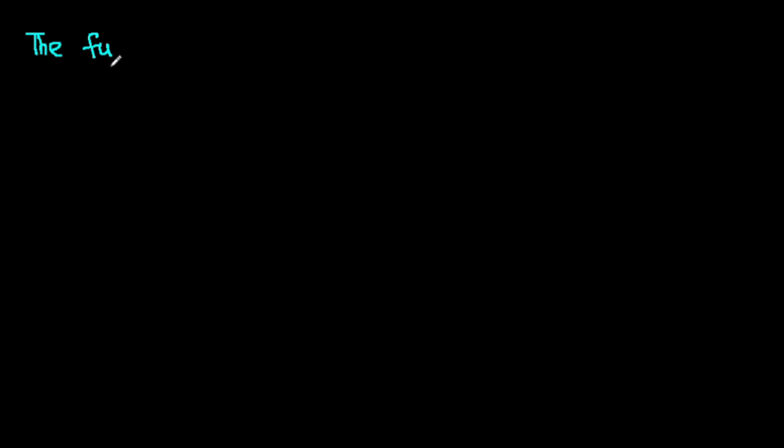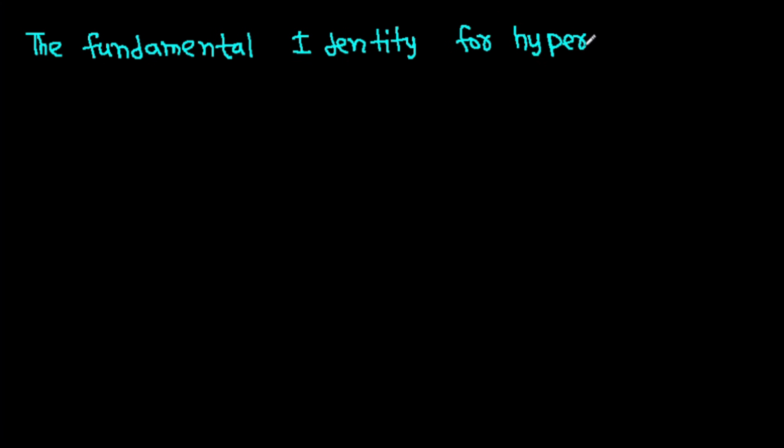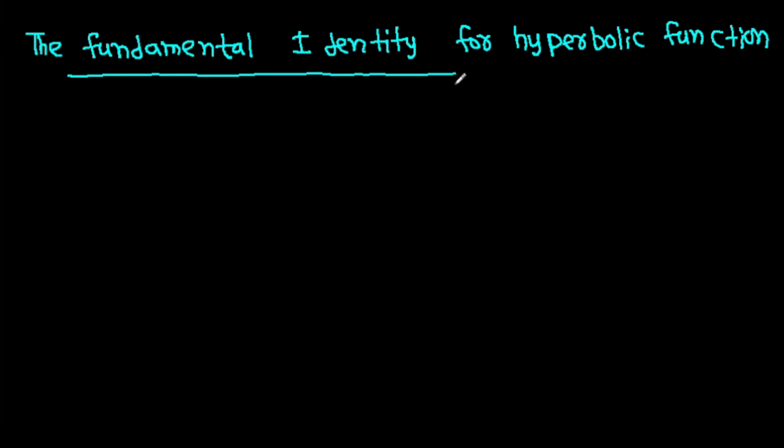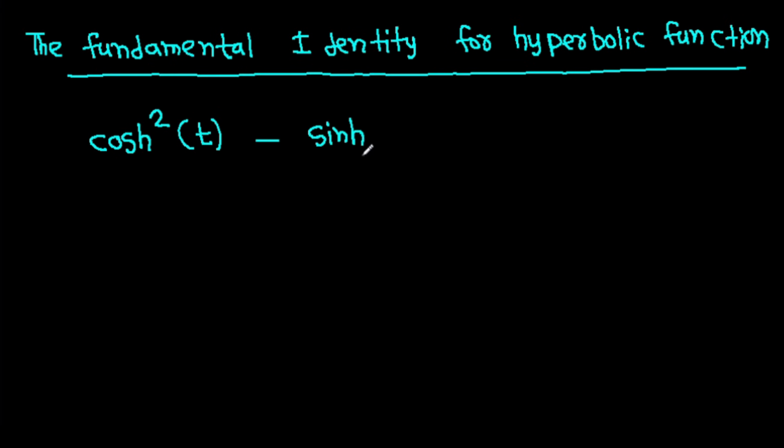and the fundamental identity for hyperbolic functions is cosh squared t minus sinh squared t equals 1.